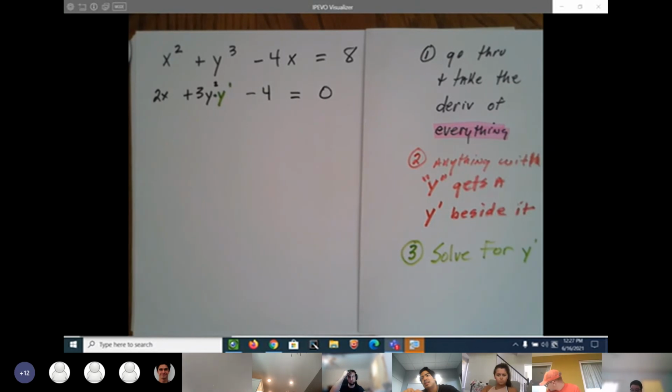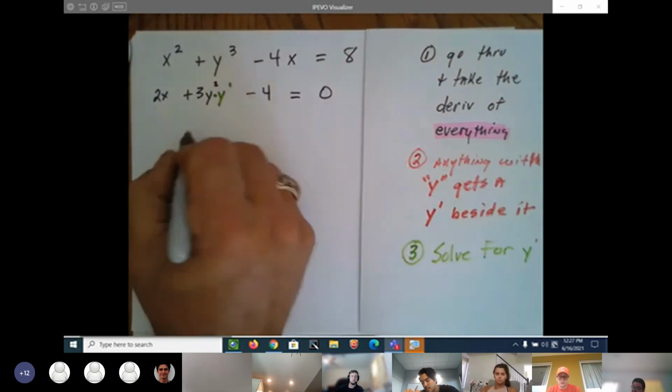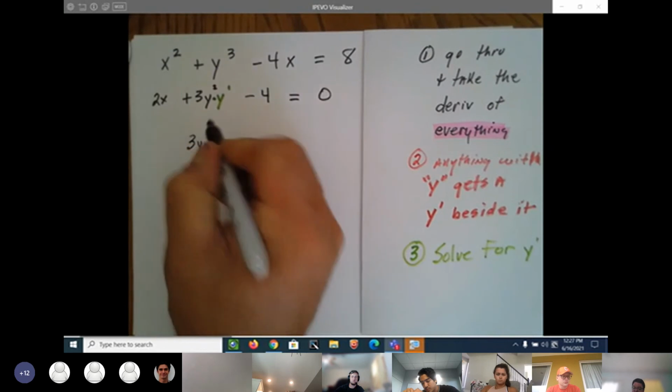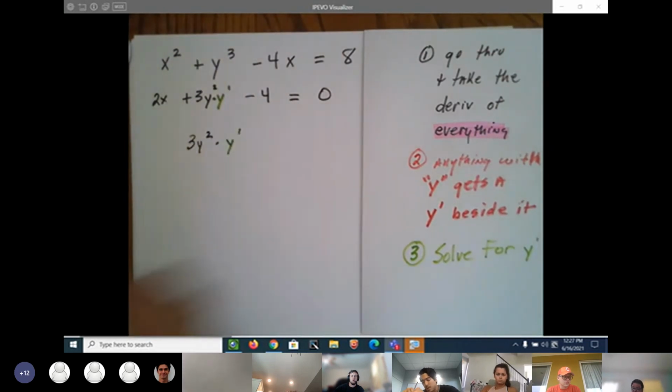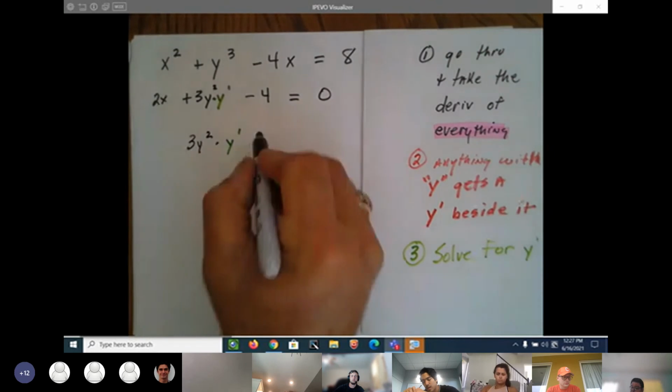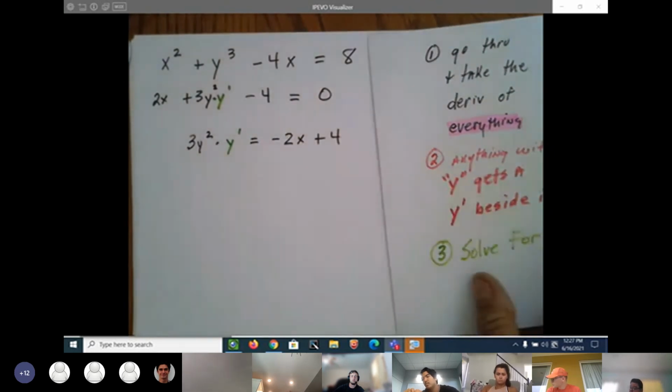All right. So now we're going to take this 2x over and this 4 over, and we're going to get 3y squared times y prime is equal to negative 2x plus 4.